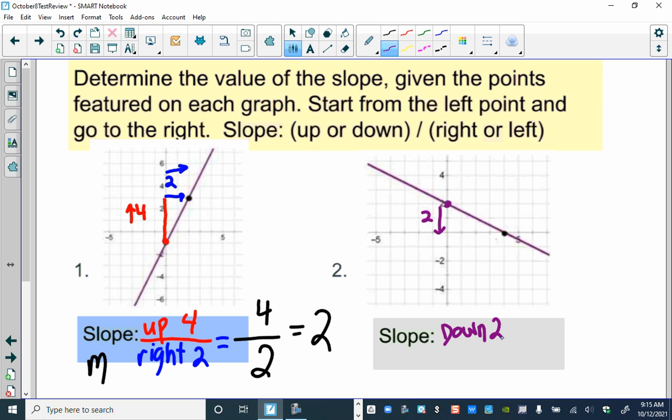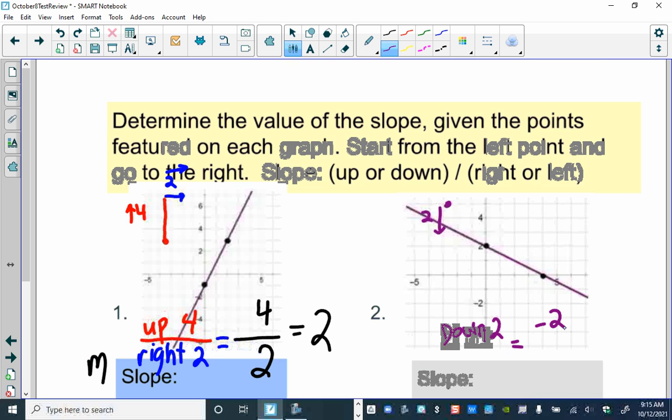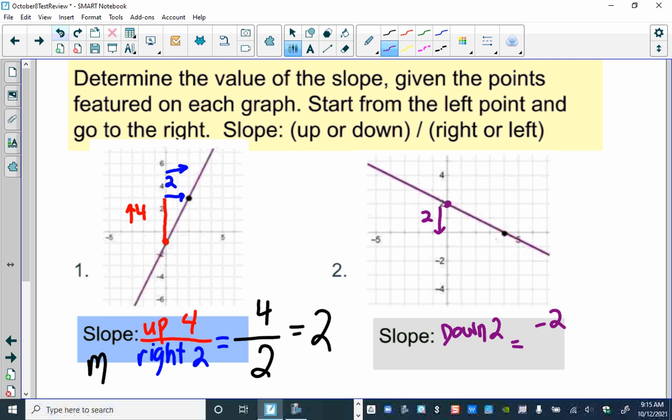Is that positive or negative? Negative 2. Then did we go right or left? How far? So right 4. That is going right, positive or negative?